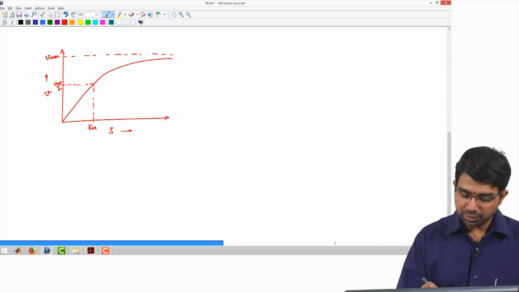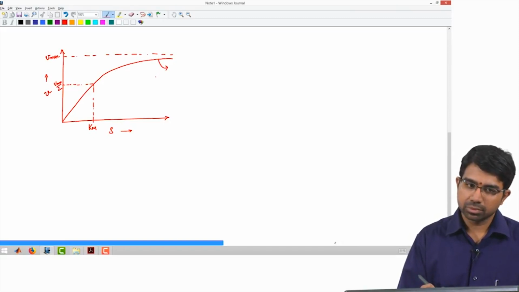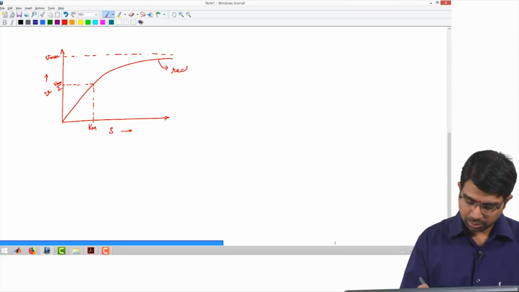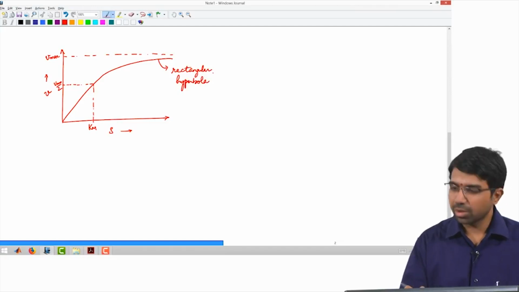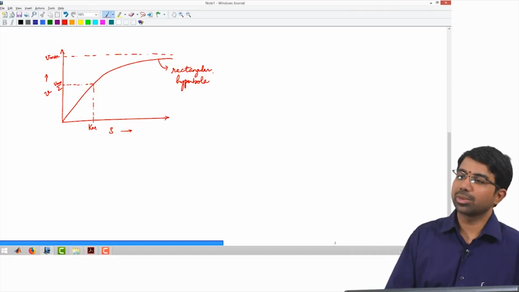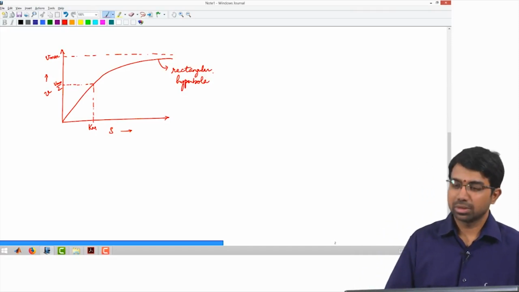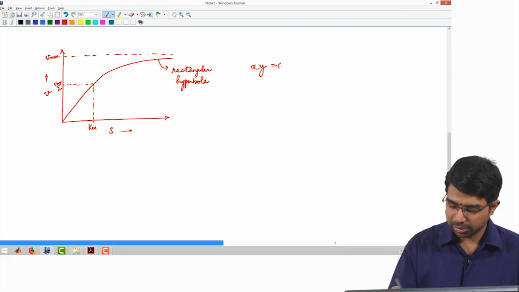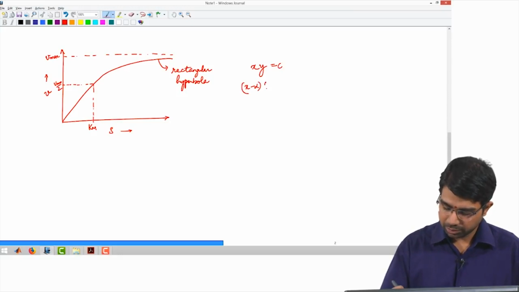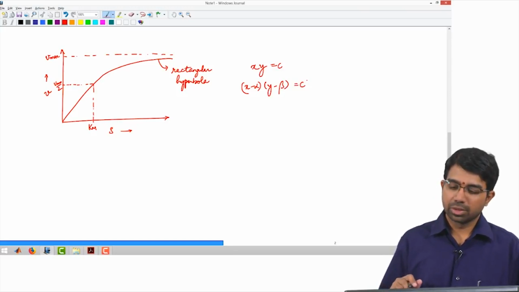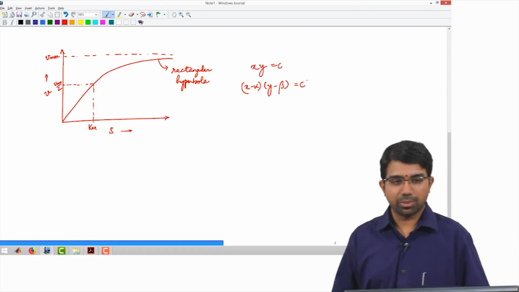What is the shape of this curve? What is a rectangular hyperbola? What is the canonical equation for a rectangular hyperbola? xy equal to c, or rather... you can see that you can write the Michaelis-Menten equation in that form.